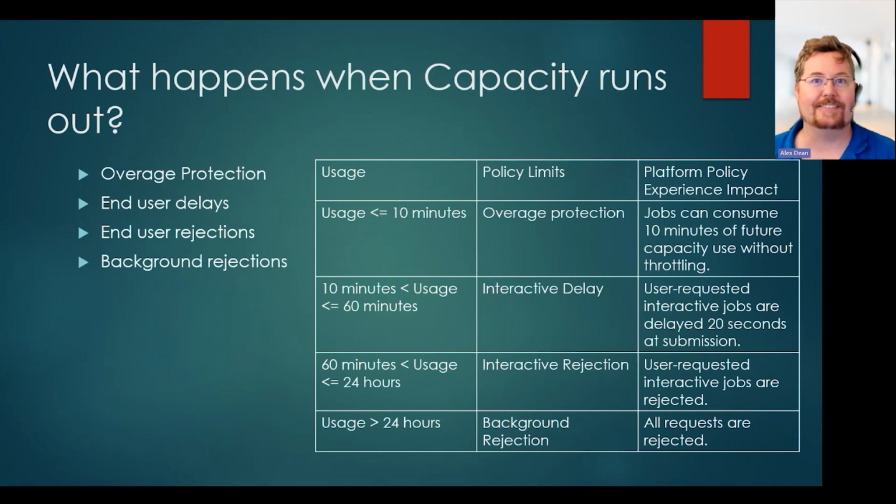Please come back later. And sometimes it says, please come back in 86,000 seconds. It's like, yay, come back tomorrow. Thank you. And finally, if what you're just about to do is going to take up more than 24 hours of the capacity that you've allocated to that workspace, it'll effectively tell you no chance, background rejection won't work.